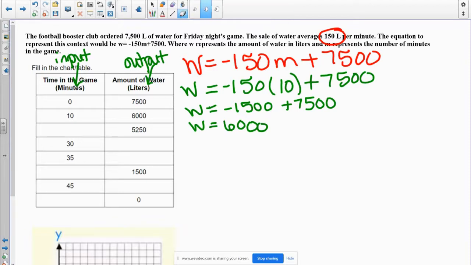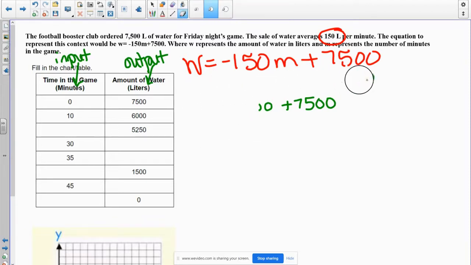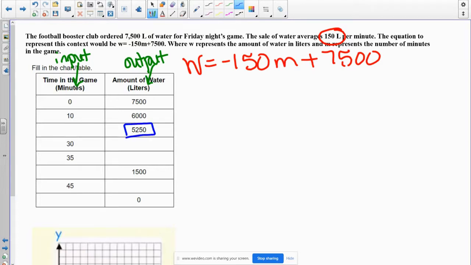Erase this to give us some room here. The next row tells me that there are 5,250 liters of water left. The question is, they want to know how many minutes would have passed. So this time we actually have to do the algebra to figure it out.